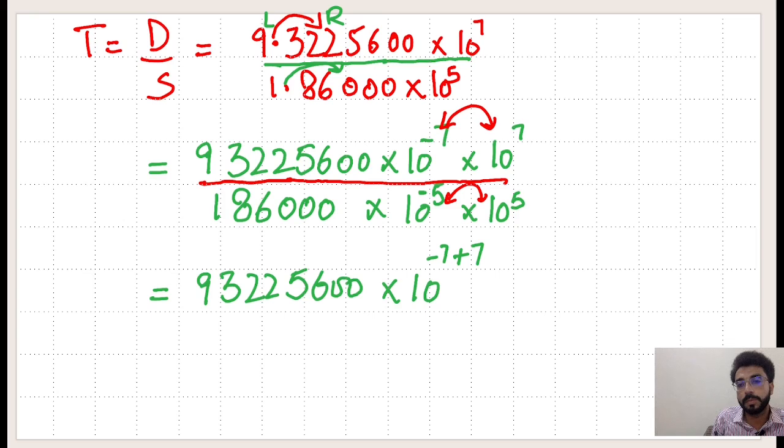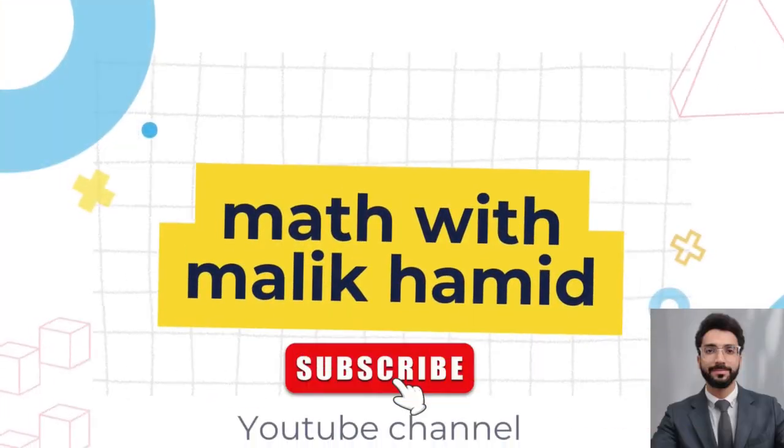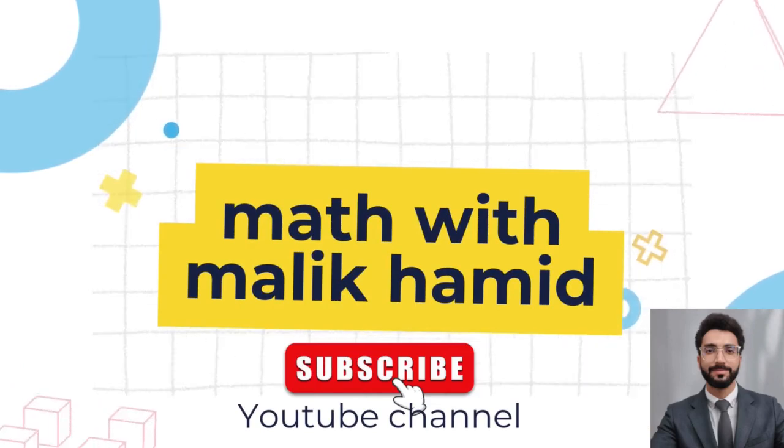It will become +5 and -5, divided by this term only, 186000. Now after dividing you will get the final answer, 501.2129 in seconds.